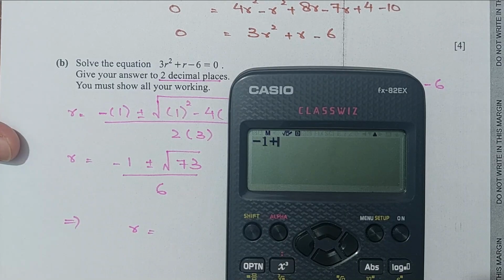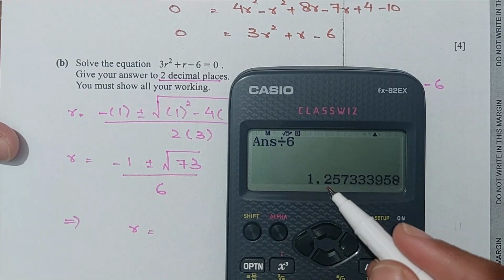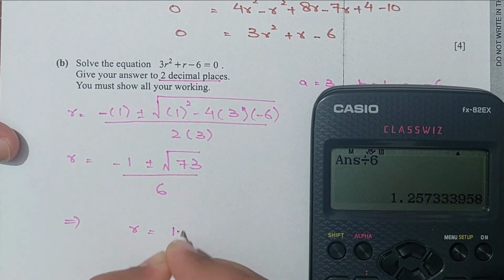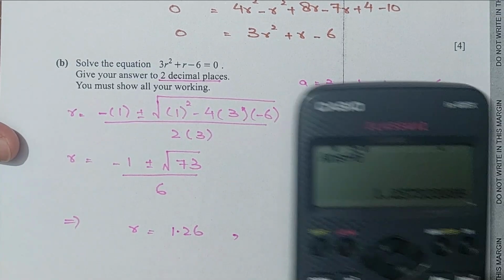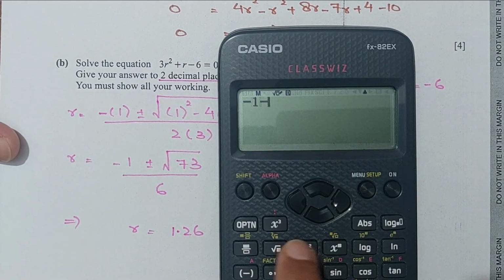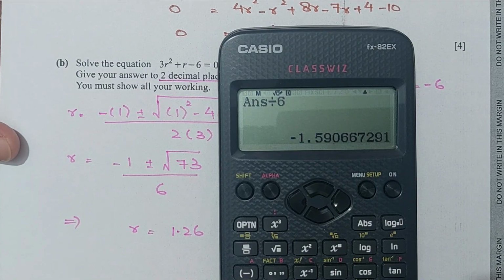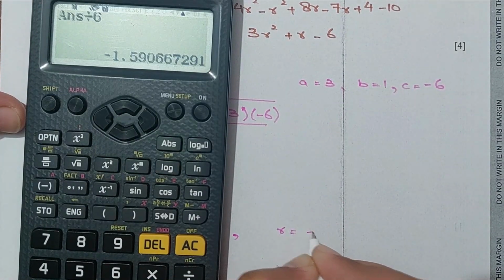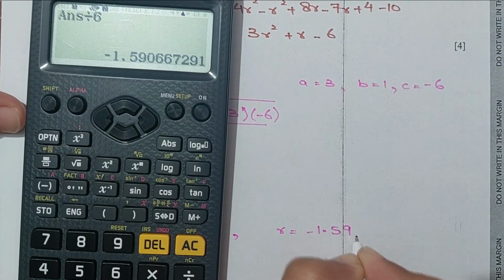Minus 1 plus root 73 divided by 6, up to 2 decimal places, is 1.26. And minus 1 minus root 73 divided by 6 is minus 1.59. r is minus 1.59. Alright. Now for part C, find the perimeter of the square.